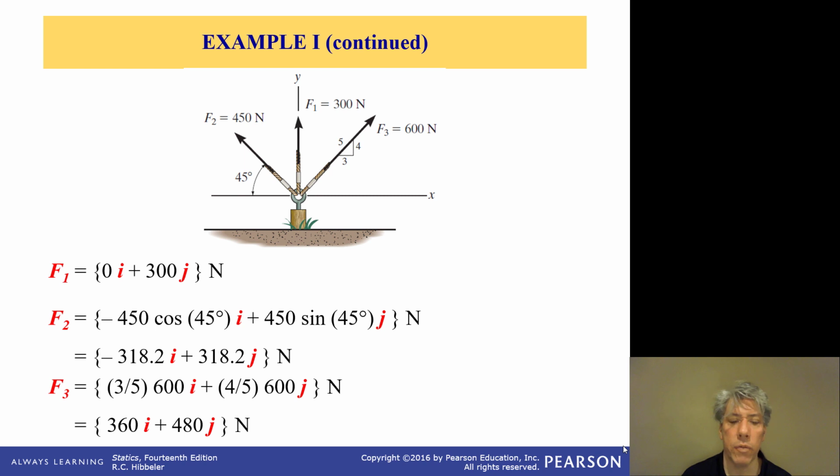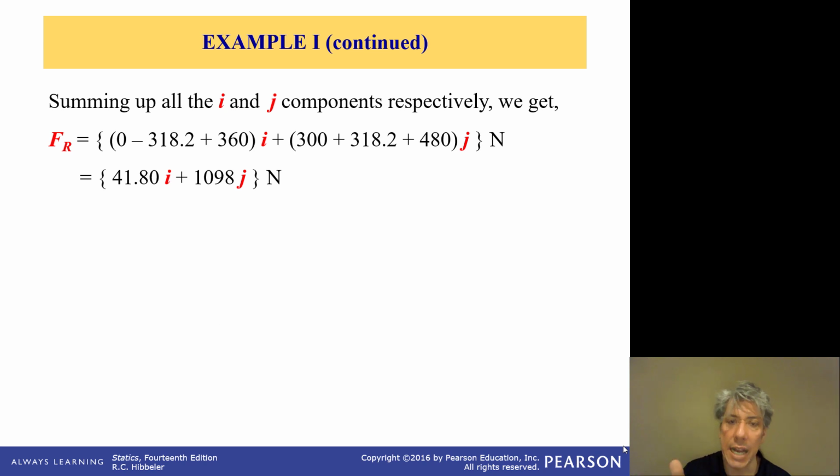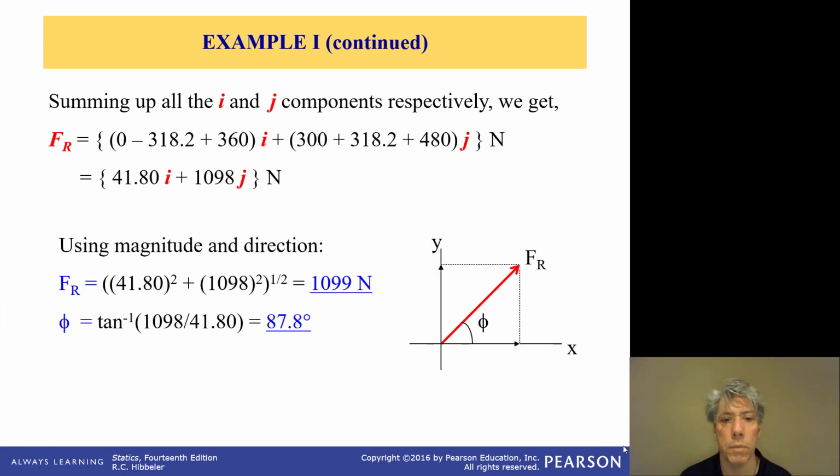So now notice that F1, F2, and F3 are all resolved into i and j components. So the next thing we'll do is simply add all the i components together. So we've got F sub 1x plus F sub 2x plus F sub 3x there, times i, and then the same thing for the vertical components along the j direction. And after punching the numbers into a calculator, I suppose you could do it by hand, there is the resultant vector in Cartesian components.